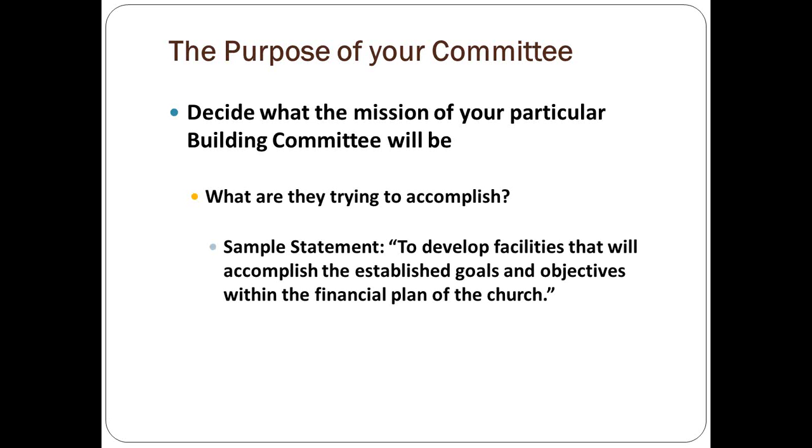Tell them. A sample statement, one that's been used, is they exist to develop facilities that will accomplish the established goals and objectives within the financial plan of the church. That's just a fancy way to say that they're trying to make certain that the needs of the church are built within the financial capability, or the wallet, of the church.